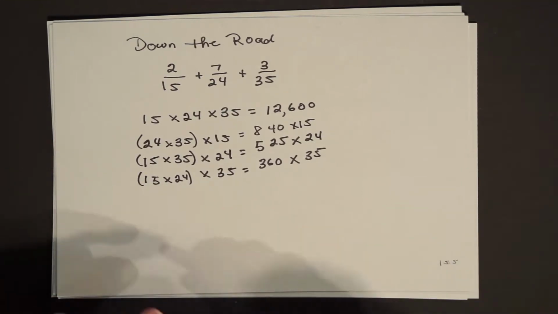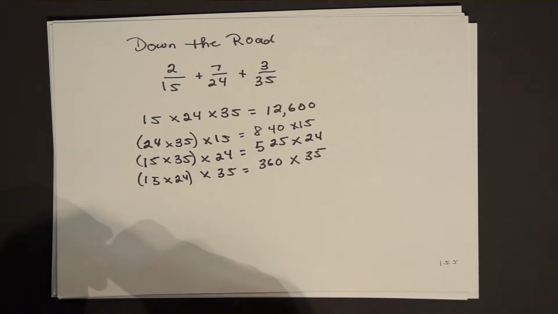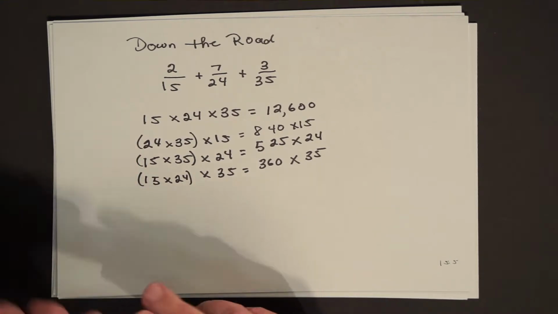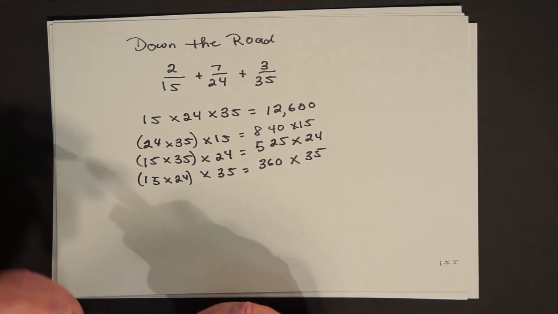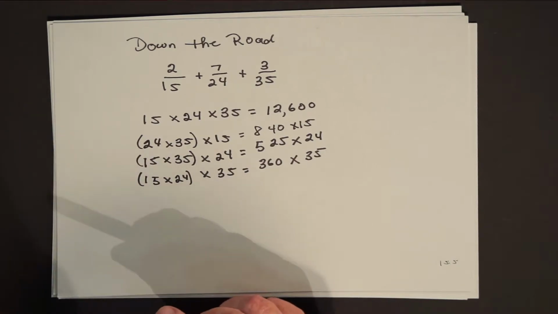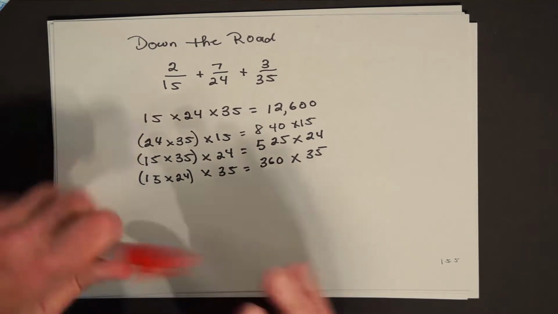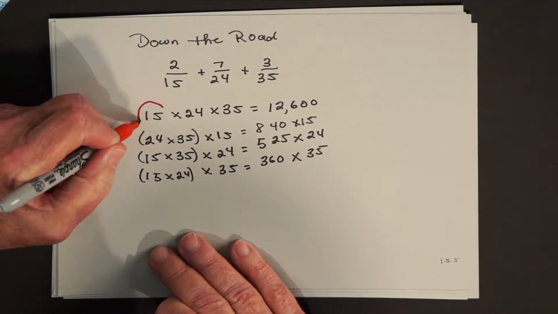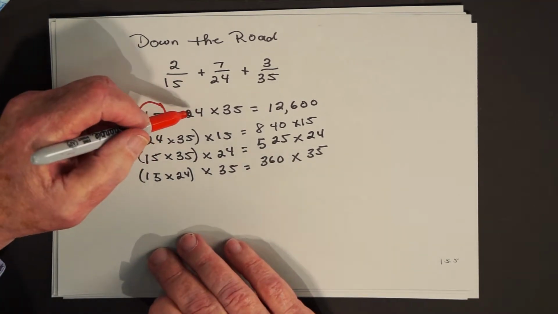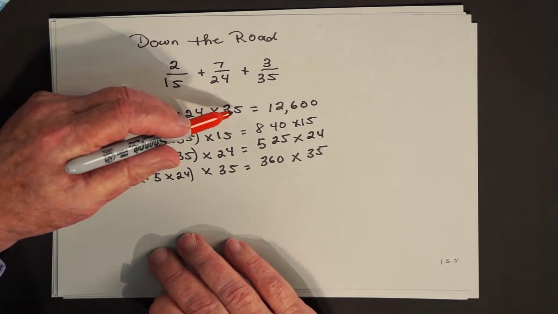In fact, we can go one step further. If you want to see what multiple of 15 this is, a neat way, when everything is broken down and you can see the factors, is to circle the 15 and see what's left. What's left is 24 times 35.